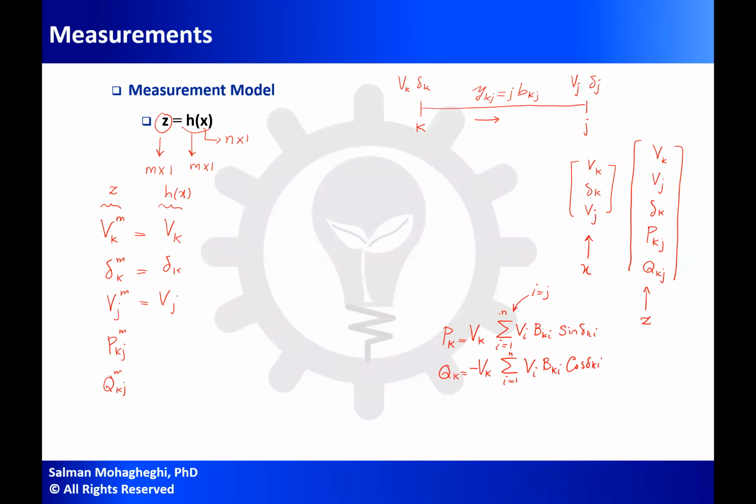That would be correct for PKJ because I will have VK, VJ. Notice that I'm only looking into the term within the summation in which i equals j, Bkj, and sine of delta kj, which I can actually write as delta k minus delta j.